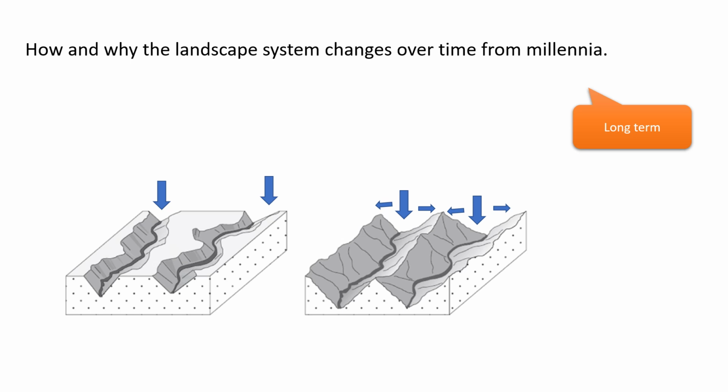Well, if that landscape was then covered by an ice sheet, or even just valley glaciers, you will have found that those rivers would have been replaced by glaciers, and that ice is much stronger, its erosive power is much greater. So you can see on the image on the right that actually it would have widened and deepened those V-shaped valleys, making them into U-shaped valleys. It takes a long time.